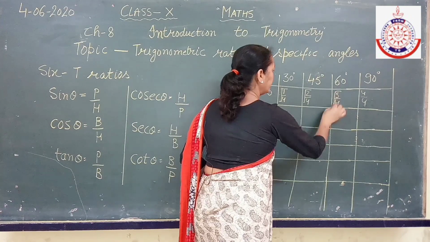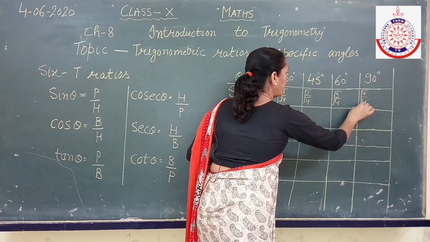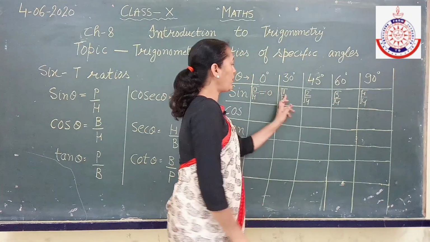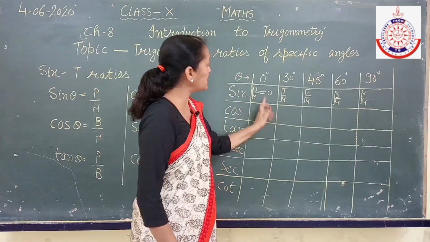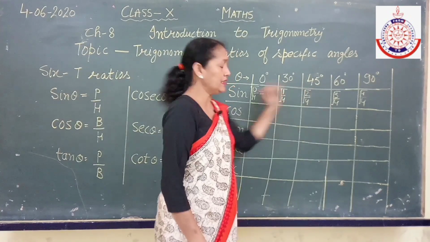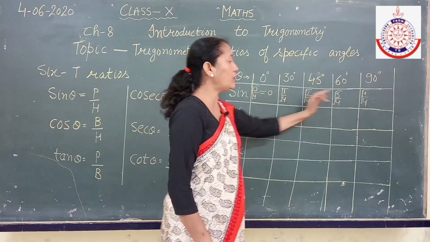So what have I done? First of all, I have written 0, 1, 2, 3, 4. Then I have divided all the numbers by 4. Then I have taken the under root over all the values.